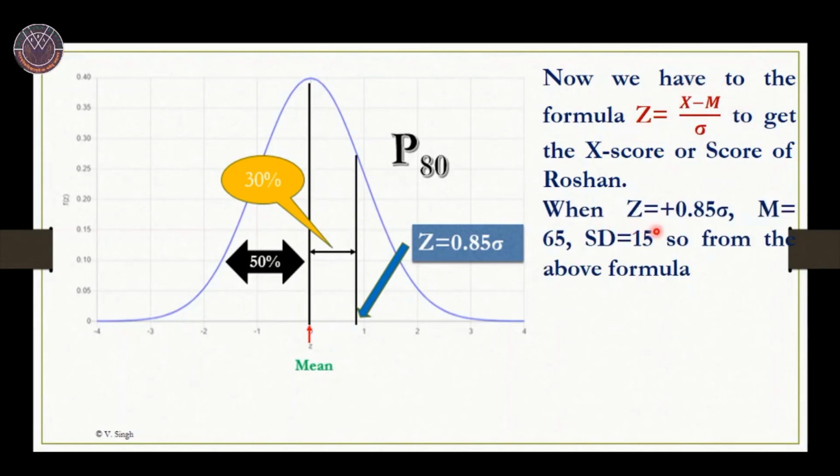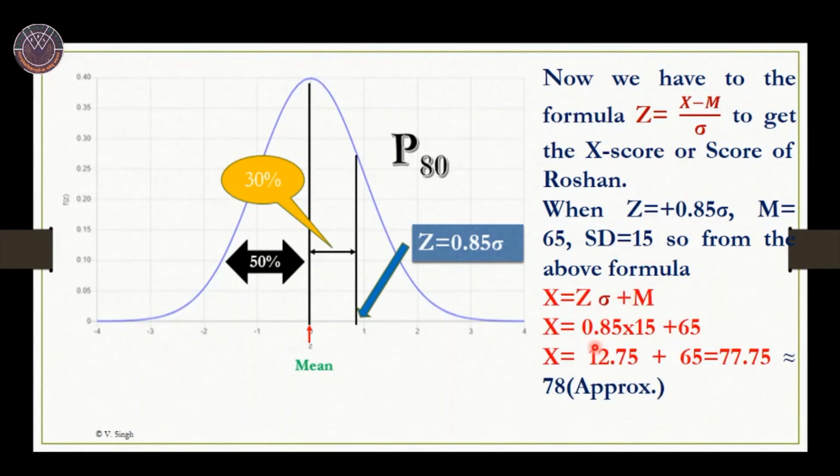So we have Z equal to 0.85 sigma, M or mean is 65 and SD is 15. Substituting in this formula, we get X equal to 78. So the score of Roshan is 78. He is at the P80 level, or 80% of the students are below him.